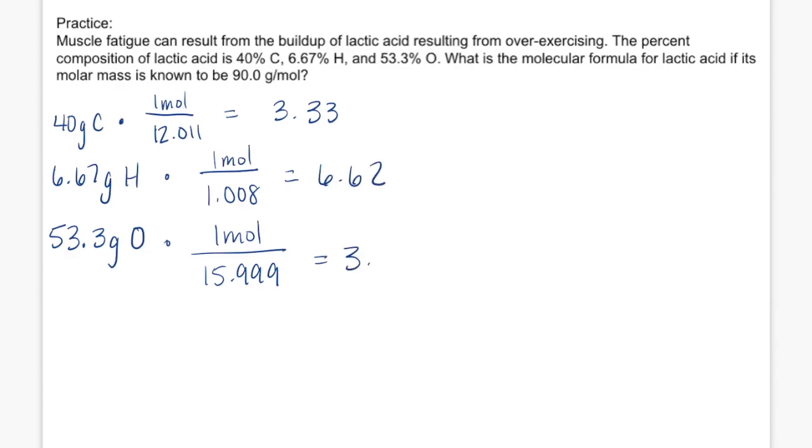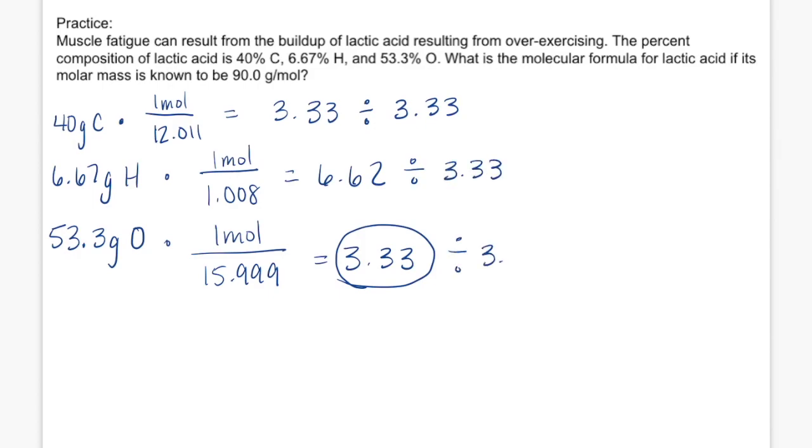The last step for that is to circle the lowest. We actually have two that are exactly the same at being the lowest, but this will be the number that we divide each of them by for the next step. So we divide each of them by the lowest, 3.33, and we get 1.